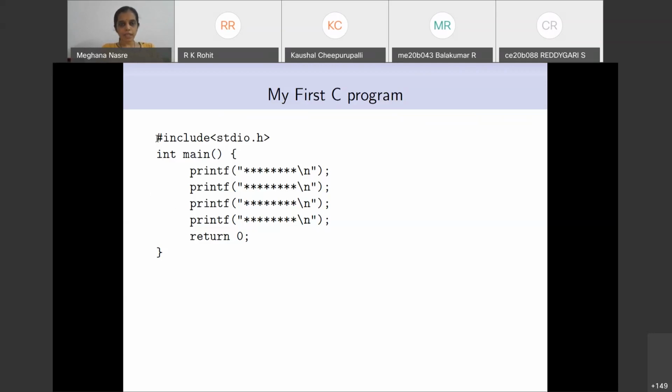Okay, so if you see this, the C program has a include stdio.h. This stdio.h is a library file, which is present somewhere on your computer or the platform that you are going to use.